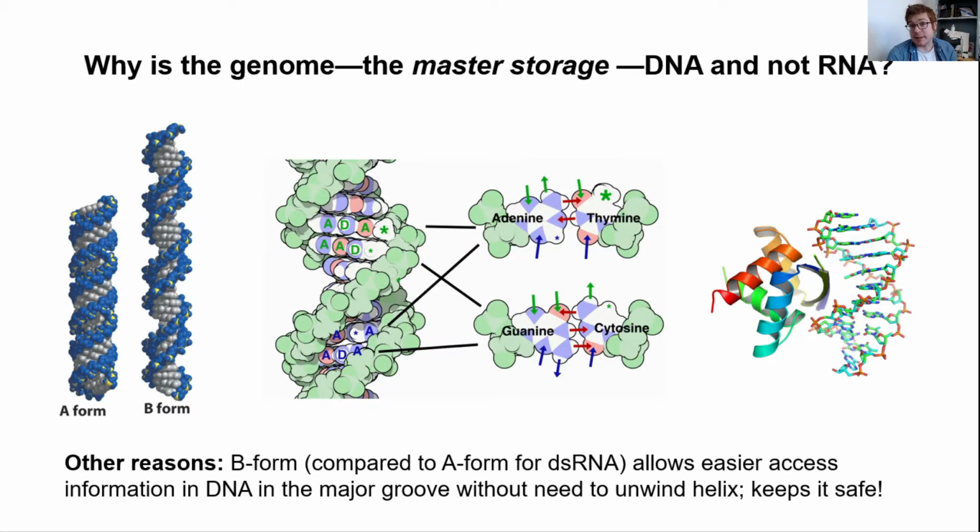Now, there's another reason that DNA is a good choice relative to RNA, and that's something we talked about in the previous class, which is that the lack of the 2' hydroxyl in DNA enables a particular sugar pucker conformation, which you should know, which favors the formation of a B-form helical structure relative to an A-form structure that you see in RNA.